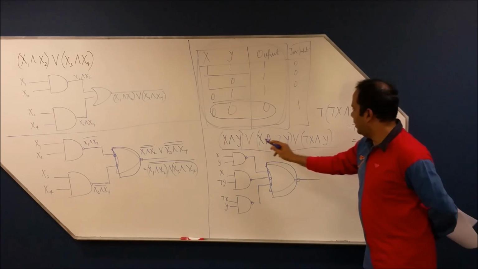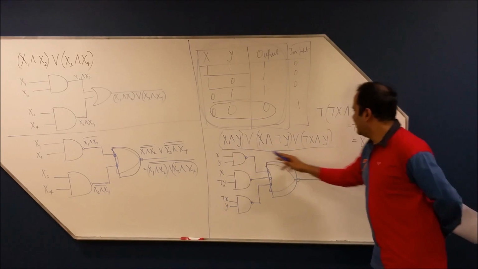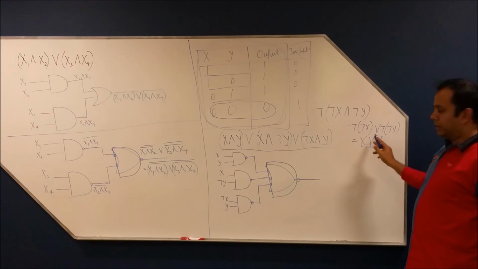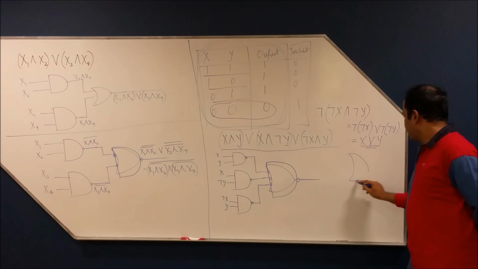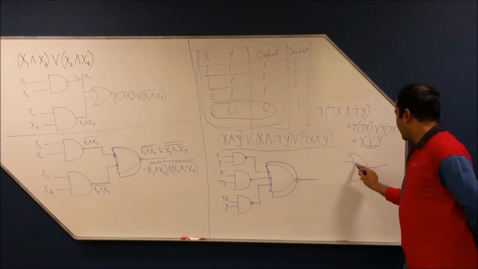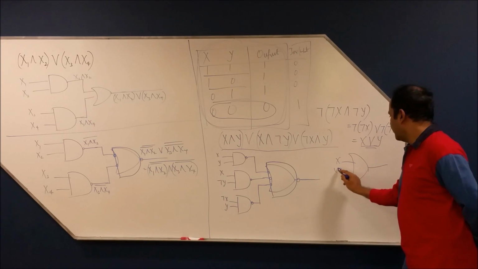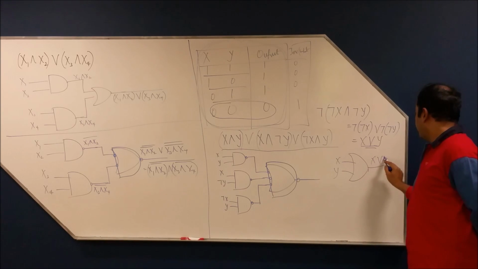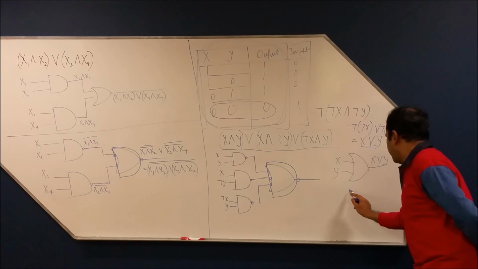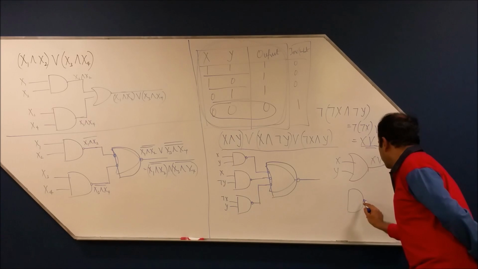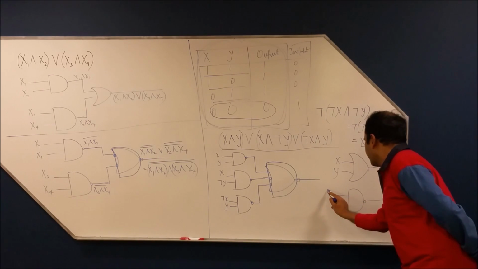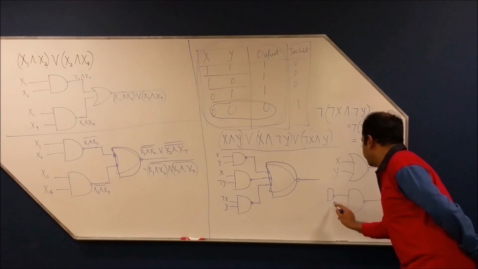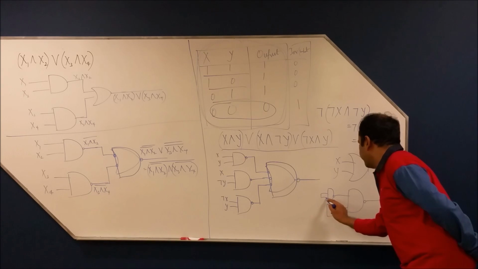That is, we are just saying that this expression is equal to this expression, which can be easily realized using an OR gate as shown here, which can be realized now using NAND gates as follows, or using a set of NAND gates as seen here.